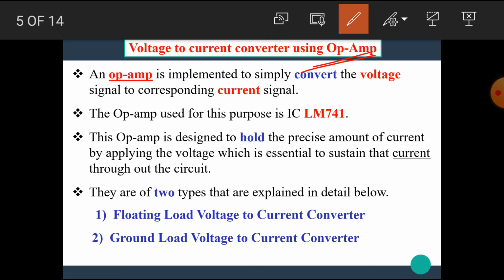Then there are mainly two types that are explained in detail. First one is the floating load voltage to current converter and second one is the grounded load voltage to current converter. That means we can design the voltage to current converter in two ways.